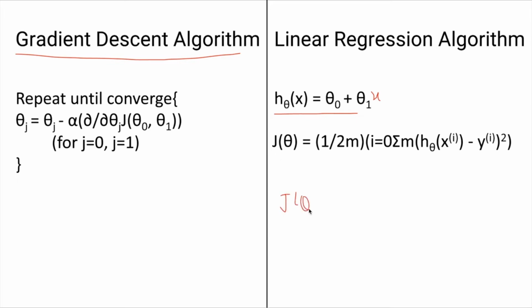J of theta is equal to 1 over 2m, the summation. Summation means the sum of all the quantities when the values are changed, like i equals 1, i equals 2, and up to m.